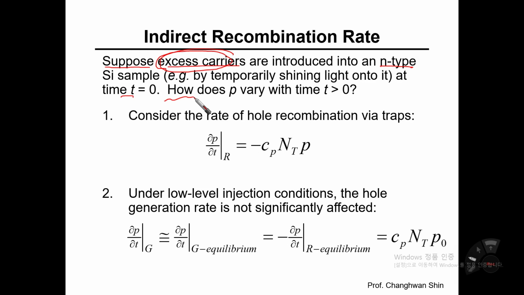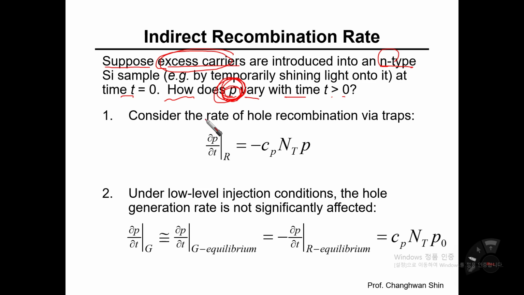Then the question is, how does p, the minority carrier concentration in this n-type silicon material, vary over time t, over 0 seconds? So how are those holes recombined in an n-type silicon sample?